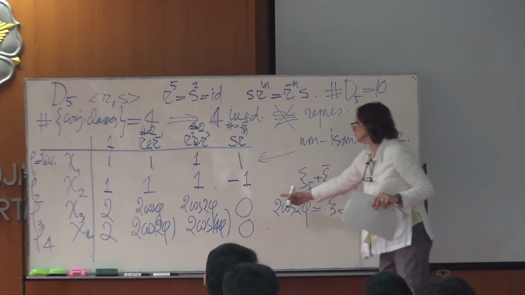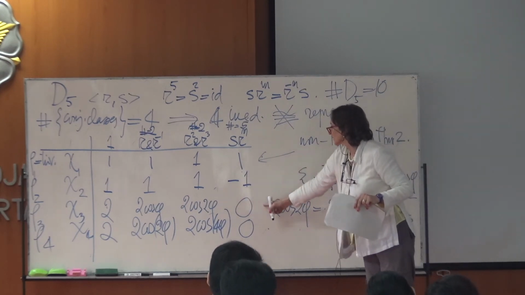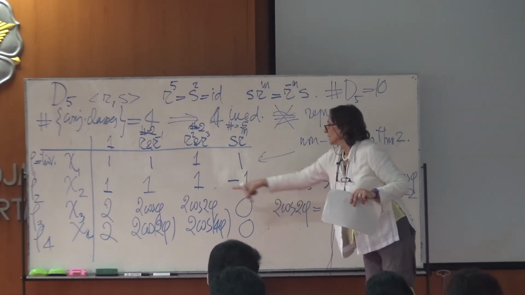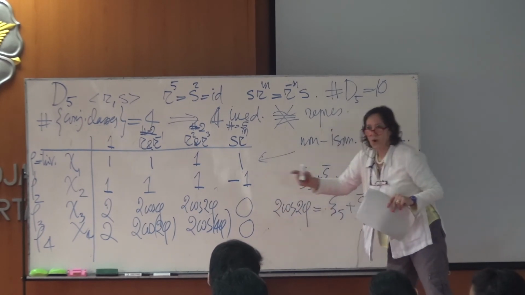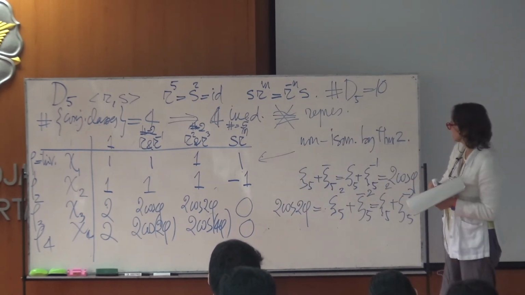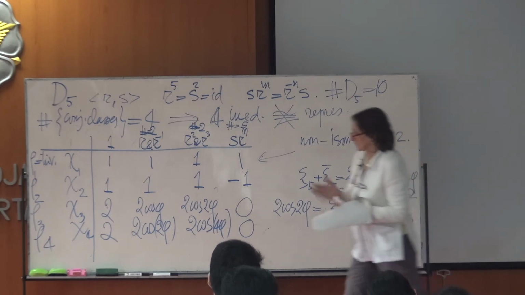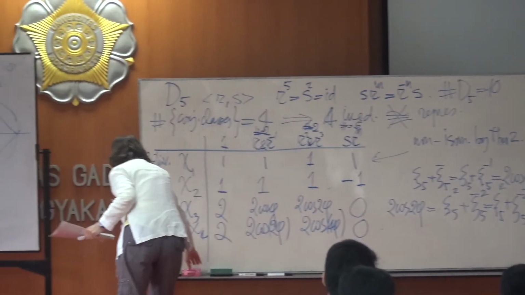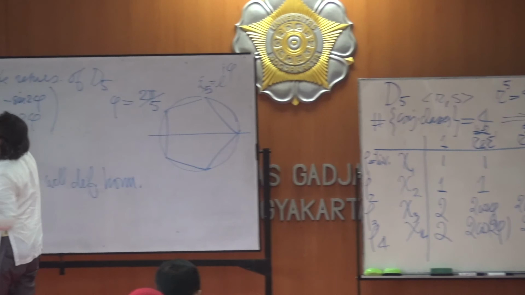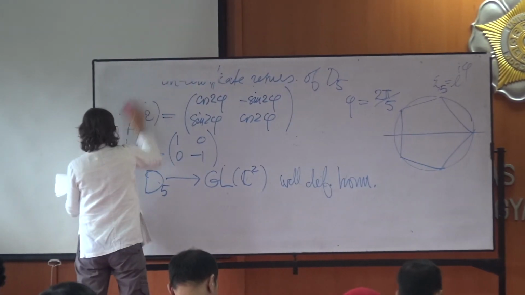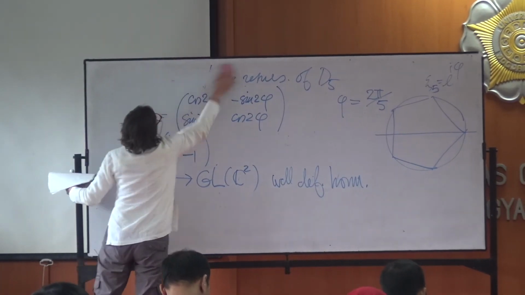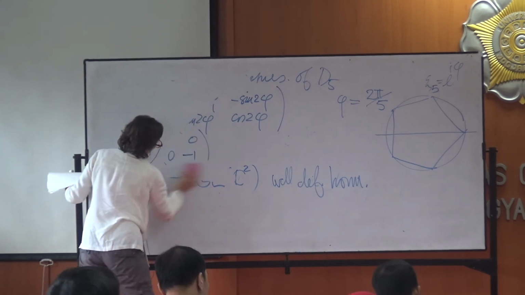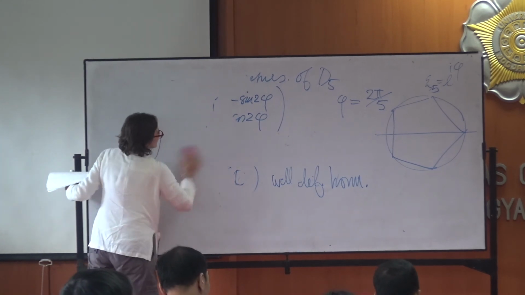For instance, if we want to check that each of these two lines has norm 1 in this norm of the characters, we will use some of these identities for primitive roots of 1.